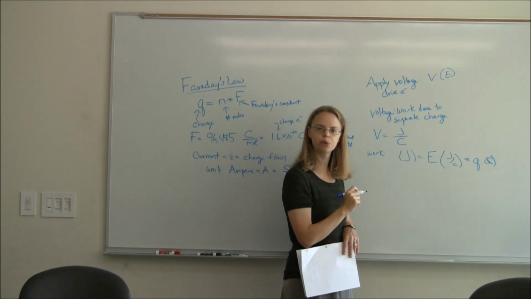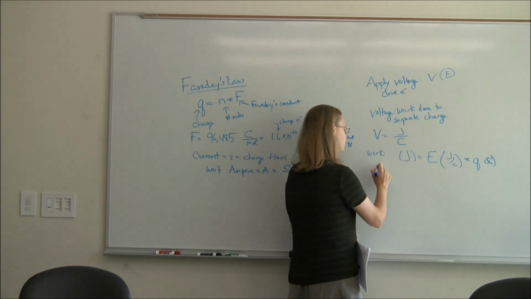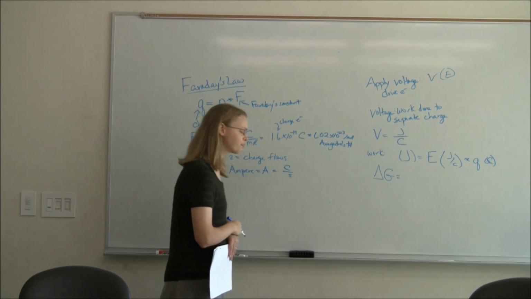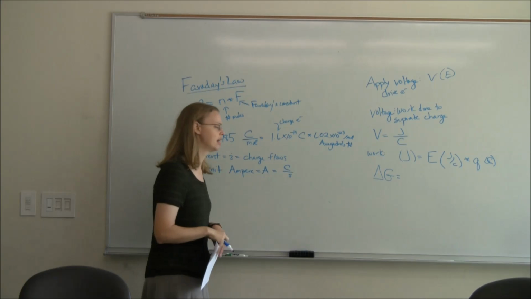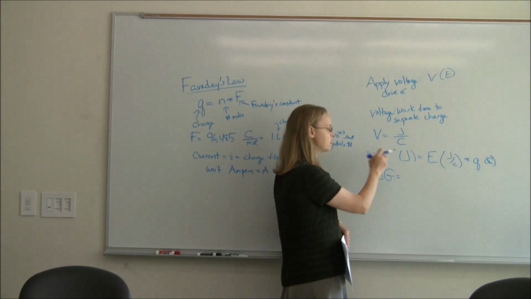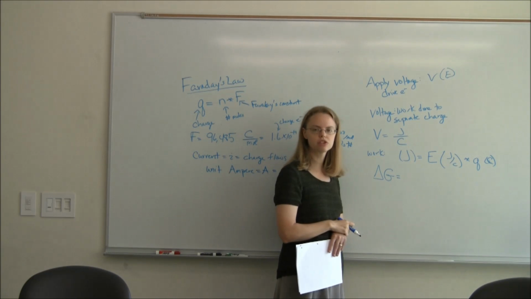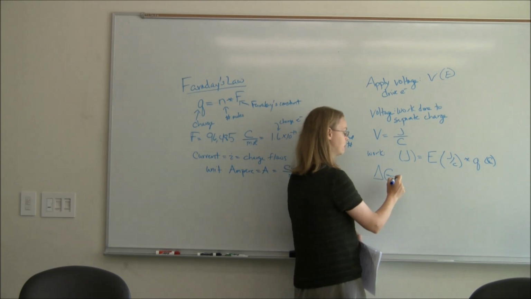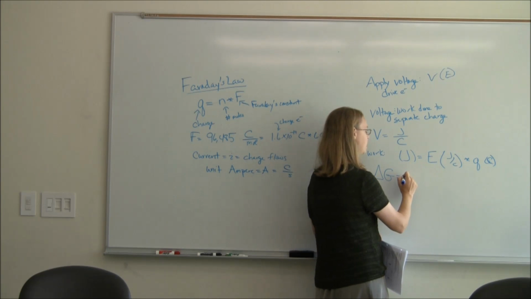Okay, so what's work in thermodynamics? I've been using the word work rather than using a term. It turns out that the term we most often end up using is delta G. So delta G is work, and in this case, this is the work done to move the charge. What we really want to know is the work done on the surroundings. So delta G actually ends up being minus.